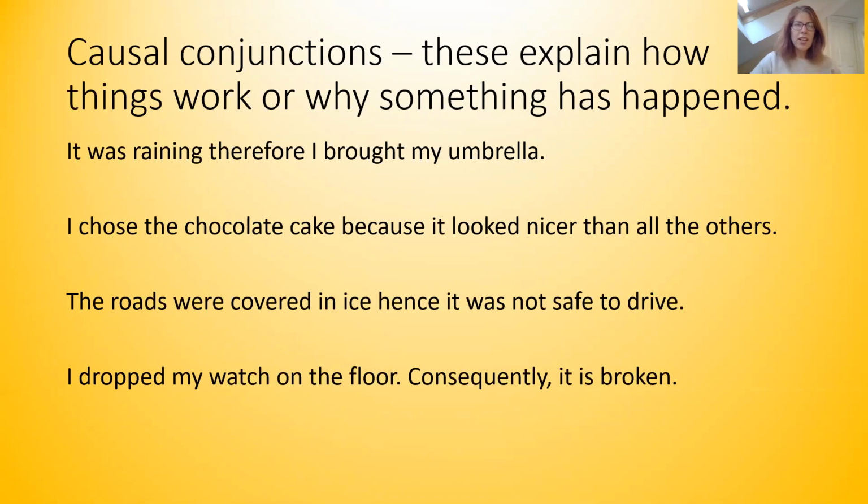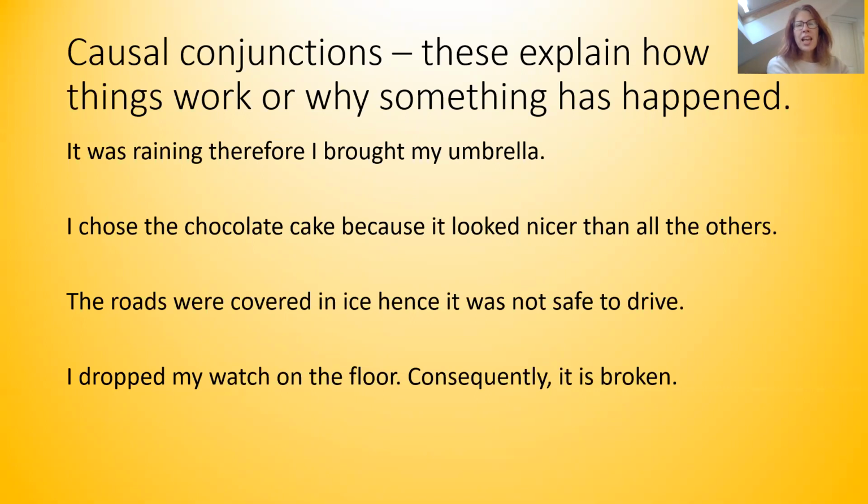Okay, so in the first sentence, it was raining. That's the clause. Therefore is the causal conjunction that's being used here. I brought my umbrella. I chose the chocolate cake because it looked nicer than all the others. Because is the causal conjunction. It explains why I chose the chocolate cake.